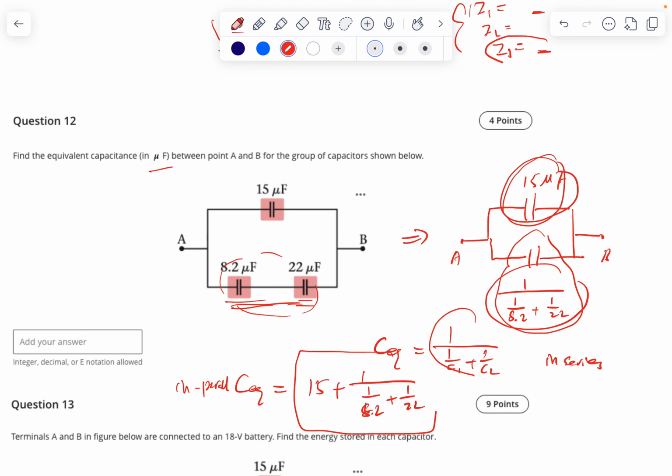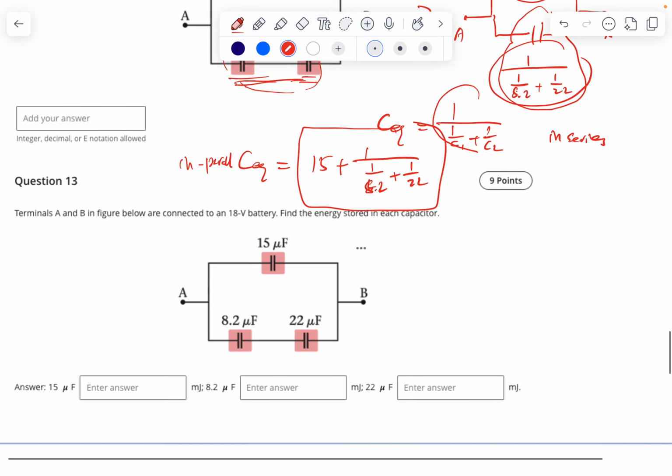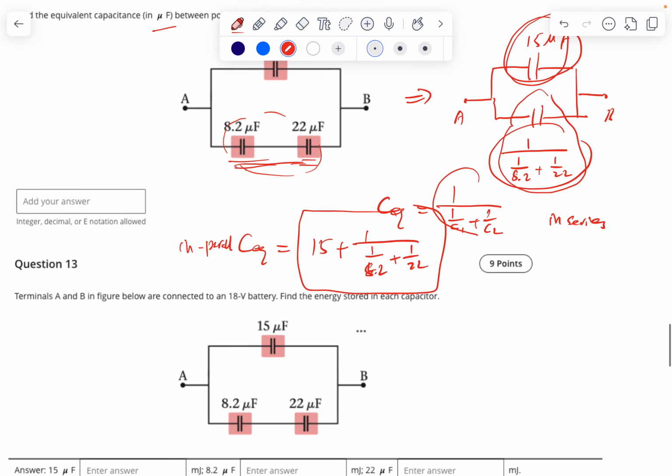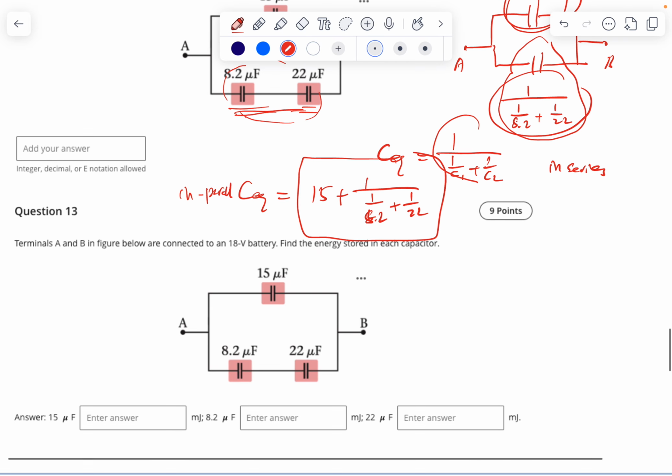So that will be the answer. You have to remember that for capacitors and resistors, when you connect them together, the equations are opposite.